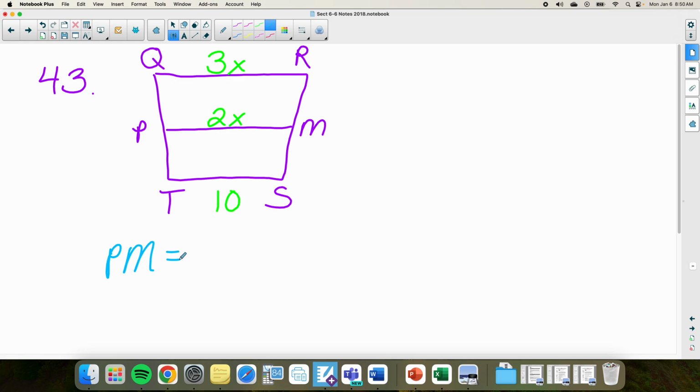Okay, now to do this, you have to use algebra. It's really not a way you can do it other than that. And one of the things we talked about today is the mid segment, which is 2x, equals 1/2 times this plus this. And remember, if we're doing this in class, you still have to show the work along with me. Okay?